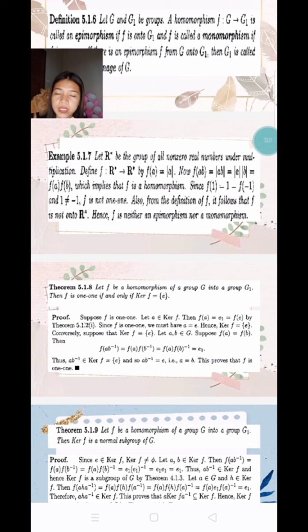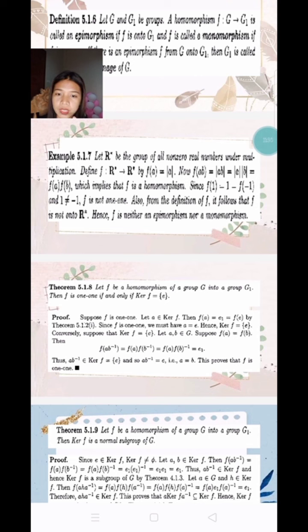Then f of a is equal to e sub 1, which is equal to f of e by Theorem 5.1.2. Since f is 1-to-1, we must have a is equal to e. Hence, kernel of f is equal to {e}.